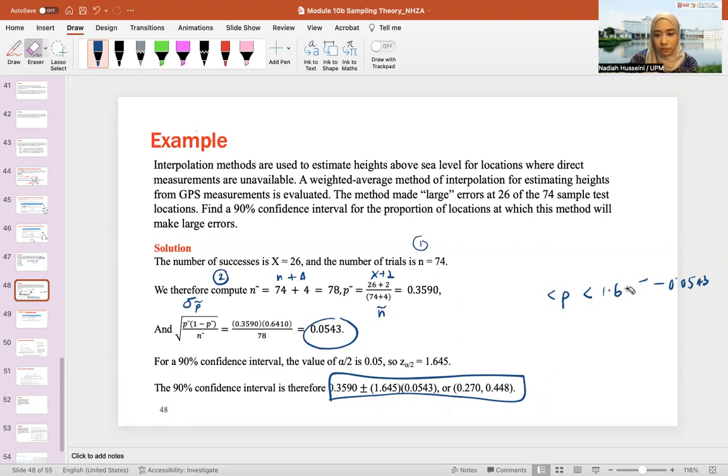Wait, I forgot a term. Let me rewrite this: your P modified plus Z alpha over 2 times this standard deviation.